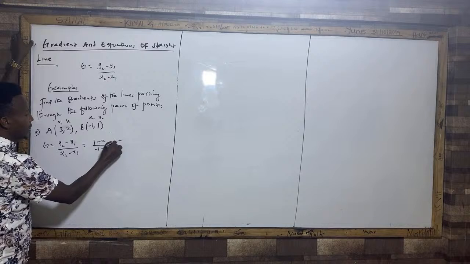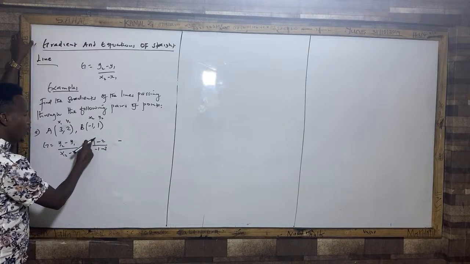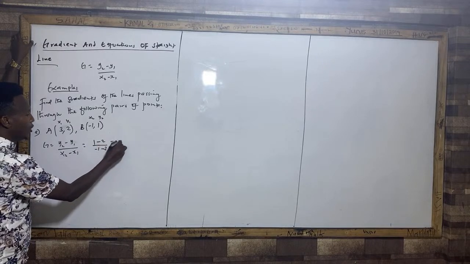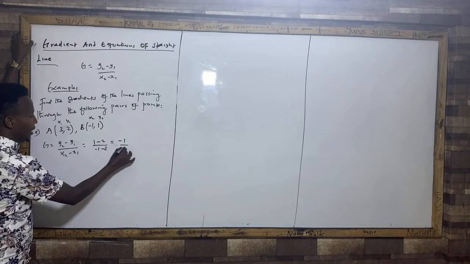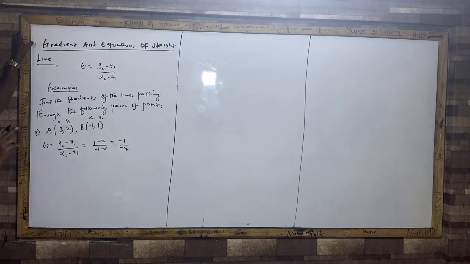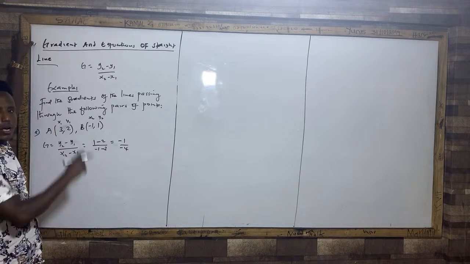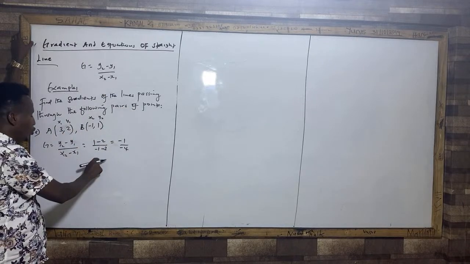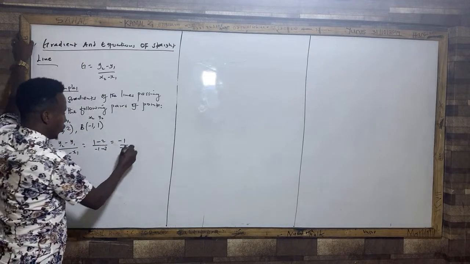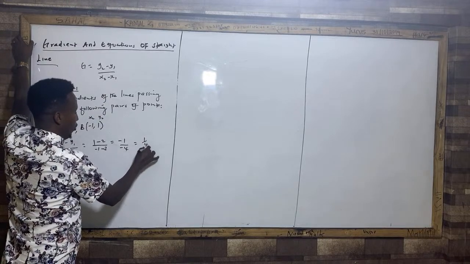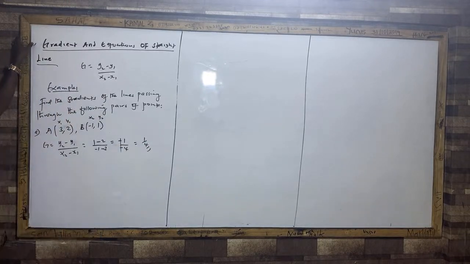So this will give me 1 minus 2, which is negative 1, divided by negative 4. So this will give us finally 1 over 4 because we cancel the two negatives. So this is how you're going to get the gradient of that line.